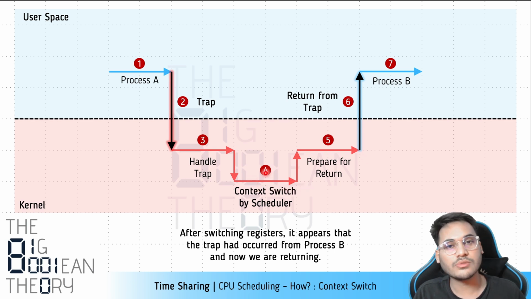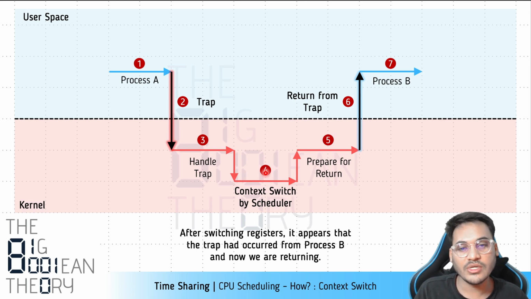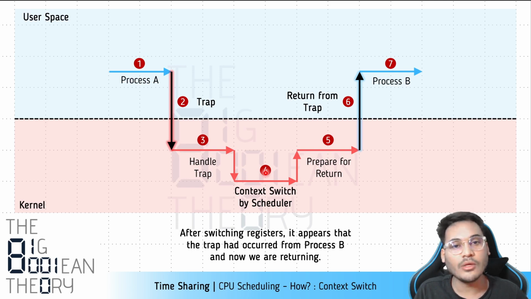Just after the switching of registers, it appears that we are handling the trap from process B, as if we had entered the kernel via a trap from process B only. And now once the trap is handled, we will return to process B. So this is how context switch is different from a normal trap.